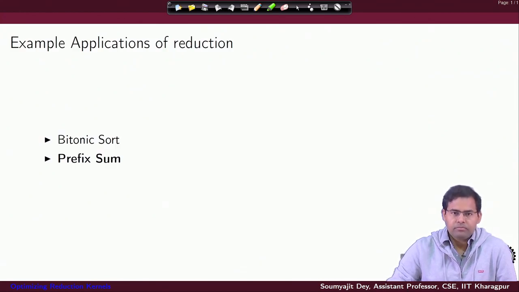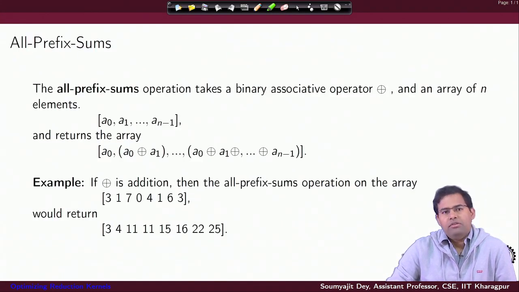Now we'll come to the other example that we have now, which is on prefix sum. To understand what a prefix sum operation is, the difference between parallel reduction that we did earlier and prefix sum is that earlier, when we were doing parallel reduction, you are given this sequence of values, and you are only interested in this one value.